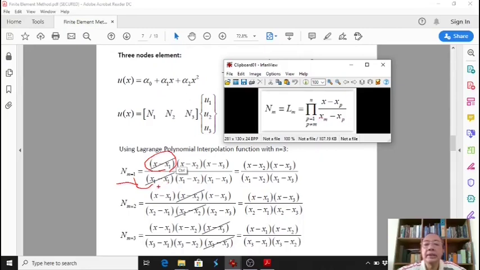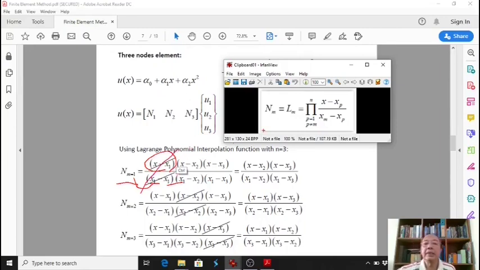But this condition is where p must not equal m. Here m equals 1 and p equals 1, so this does not satisfy the condition, so we cancel this term.